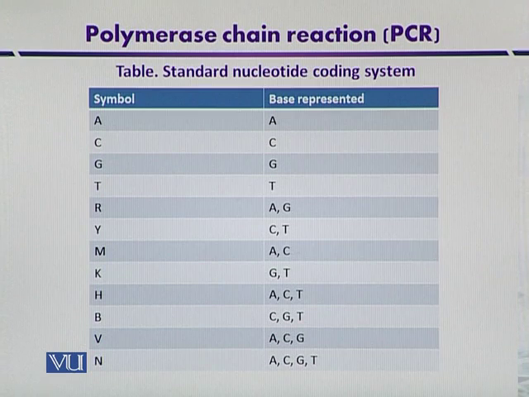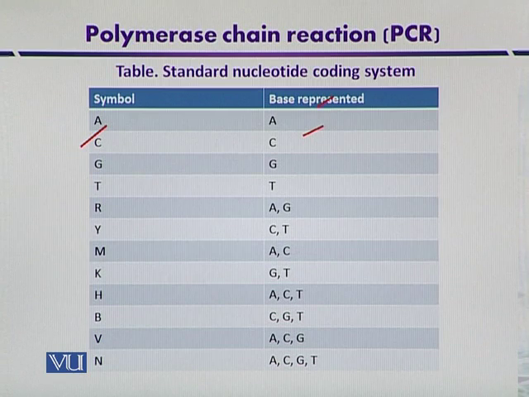For example, if we want to incorporate adenine, the base representation will be A itself. In case of cytosine, it is C in the strand, G for guanine and T for thymine. And then if we want to synthesize a mixture of primers, different symbols according to the coding system can be given.